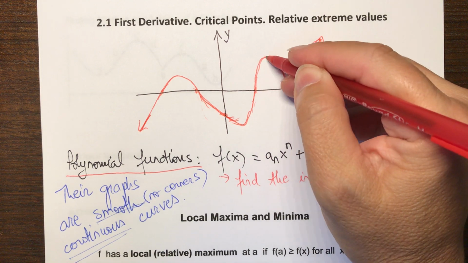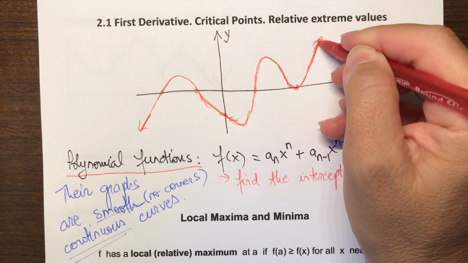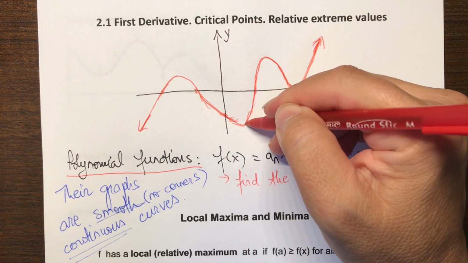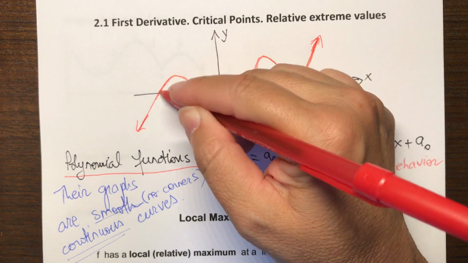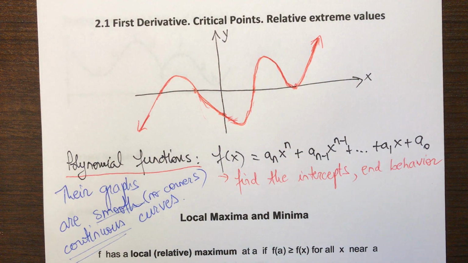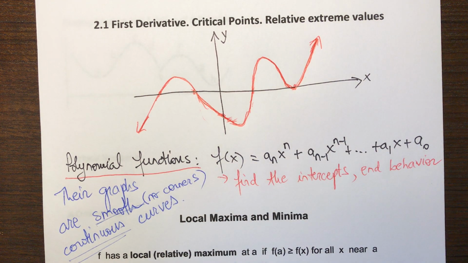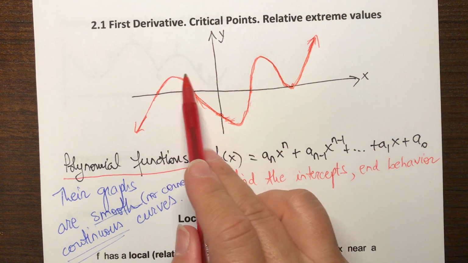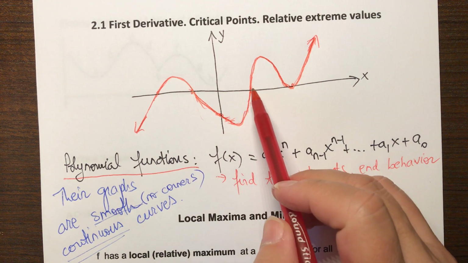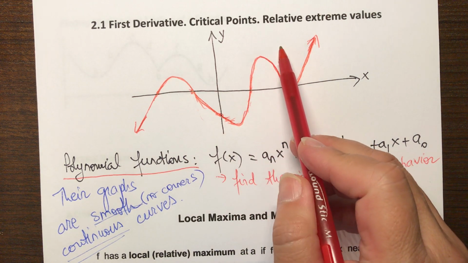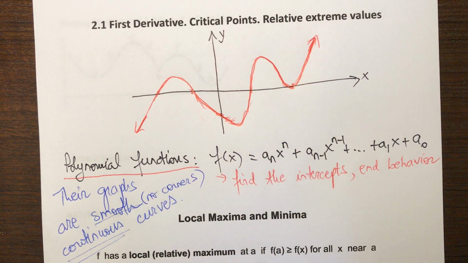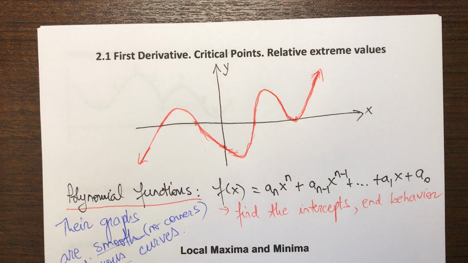So again, I didn't graph a specific polynomial function, but I could definitely tell you that looks like the graph of one, okay? So the one thing we didn't know is where those turning points in the graph are, right? How much do I have to go before I come back down? And finally, that's the time for it.